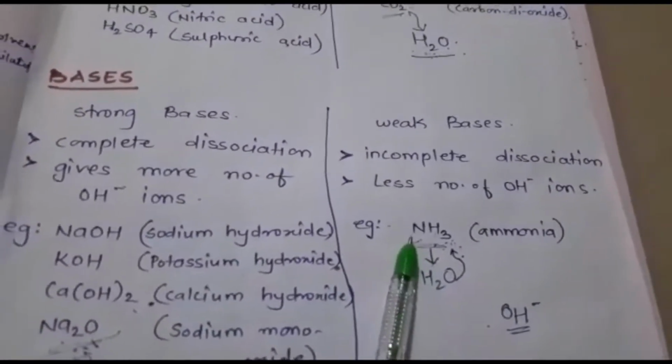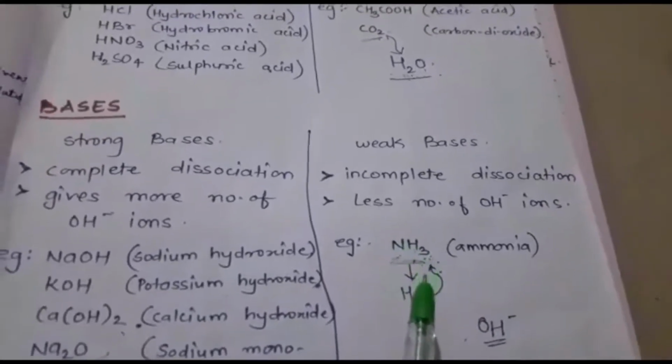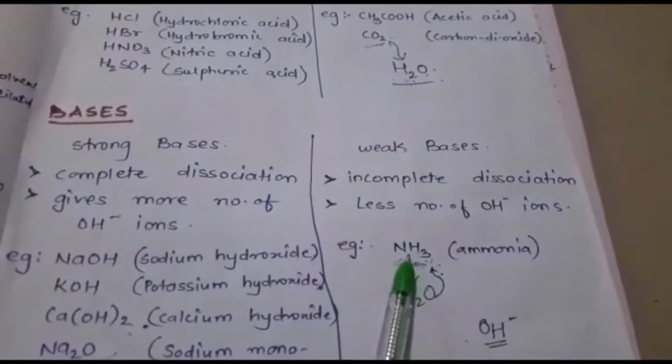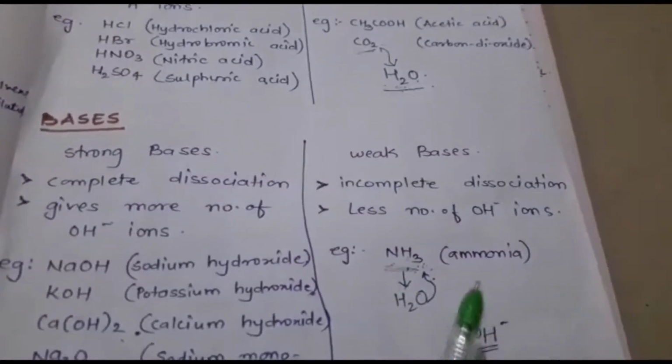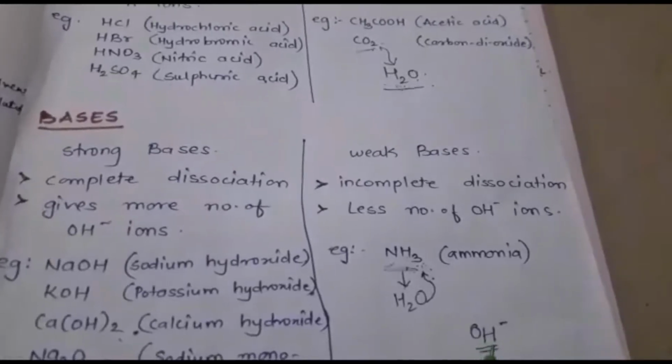An example is ammonia. In ammonia, no oxygen atom is present. So when ammonia is dissolved in water, H2O, the water reacts with ammonia to release OH minus ions, but the amount of OH minus ions released is very much less.